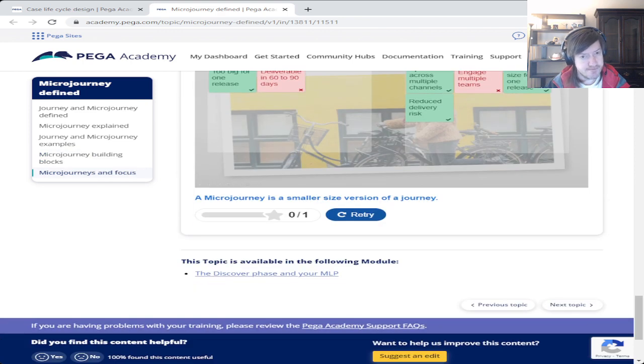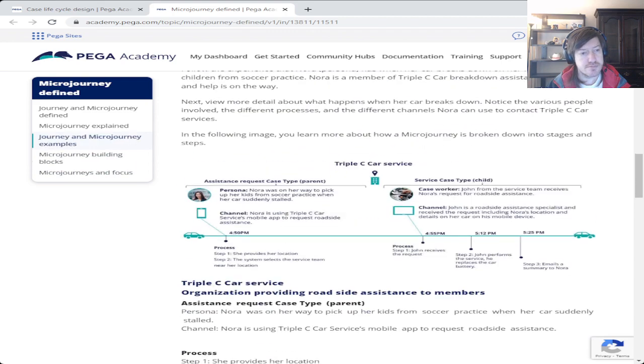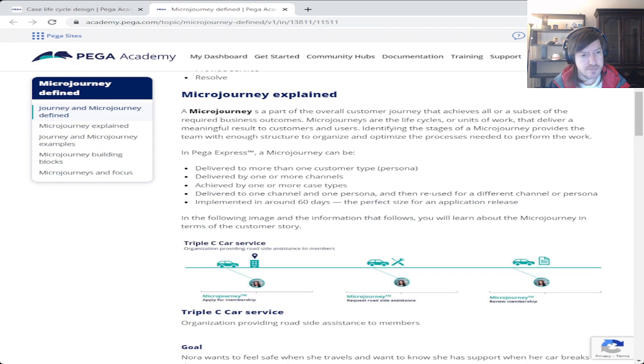Let's see, one channel, one persona. But at the same time, that's not also correct because you can have the case lifecycle have multiple stages.